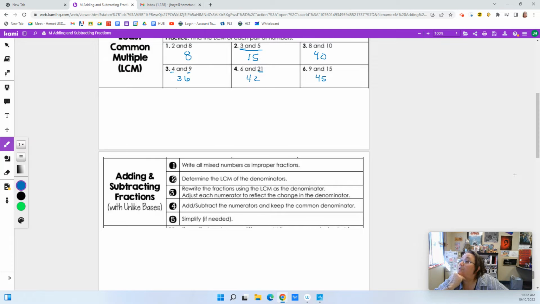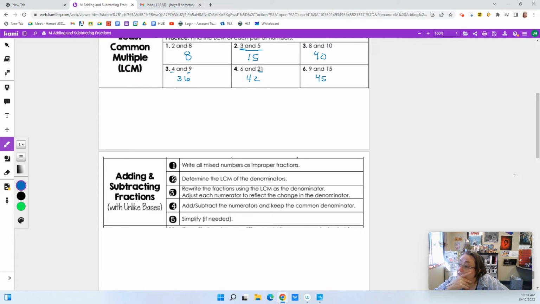Improper fractions are where the numerator, the top, is bigger than the denominator, the bottom, right? No mixed numbers when you're adding and subtracting fractions. But we know how to do that because we talked about it last week, right? And we had a Delta Math assignment about it too.